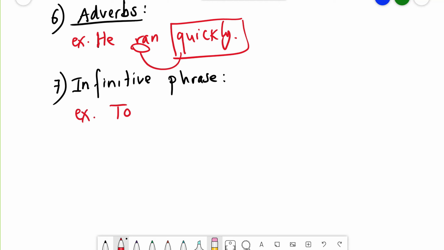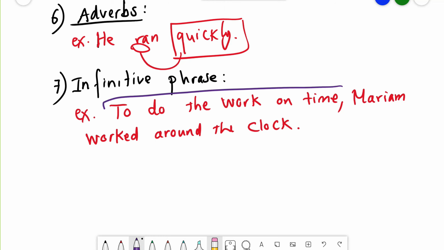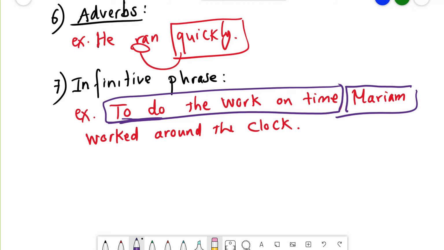To do the work on time, Maryam worked around the clock. Okay, where is the modifier, mister? It's the infinitive phrase that starts with what? Infinitive, to do. You got the point? And it modifies what? It modifies Maryam.